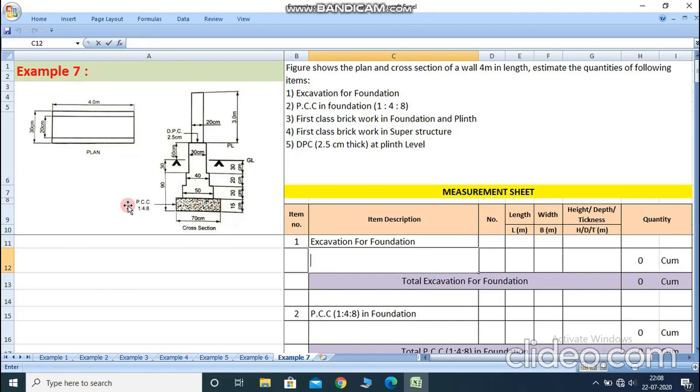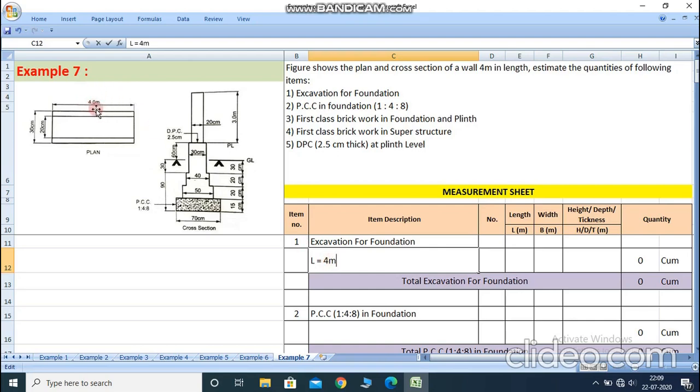In the excavation for foundation, the length given is 4 meter in the plan, and no step is provided on both end sides. Only two sides have steps, this side and the lower side. At the end sides no step is provided, so we simply take the length for the excavation as 4 meter as per the plan.